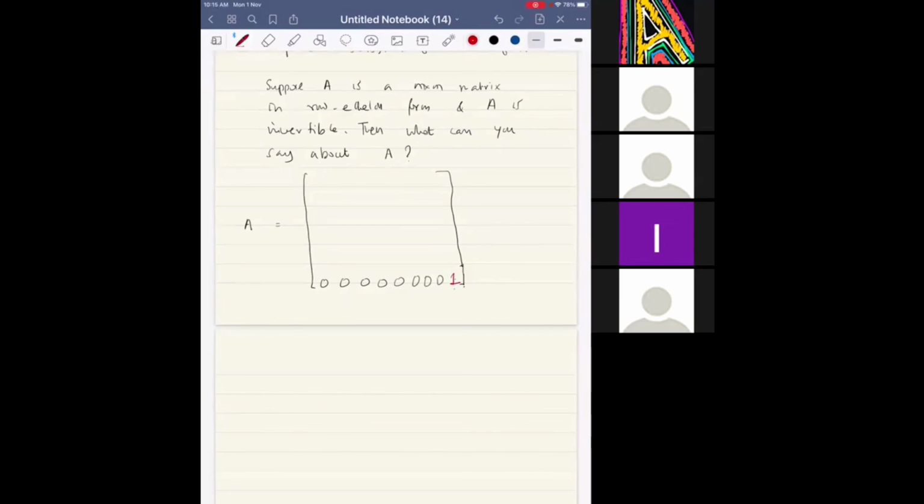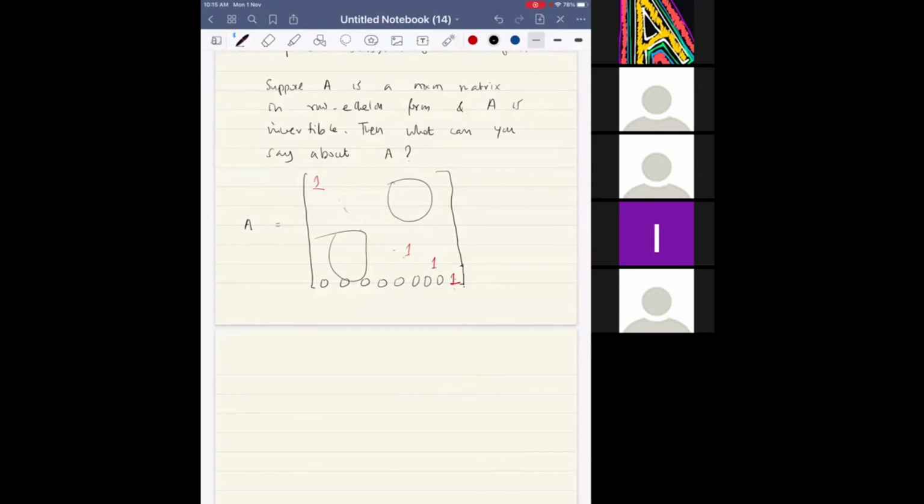And then you just keep going up, and the pivots must all occur along the diagonal. And because of the rule that the entries above a pivot must be 0, you will get 0 here, and we already have 0 here. So A must be the identity matrix. Finito.